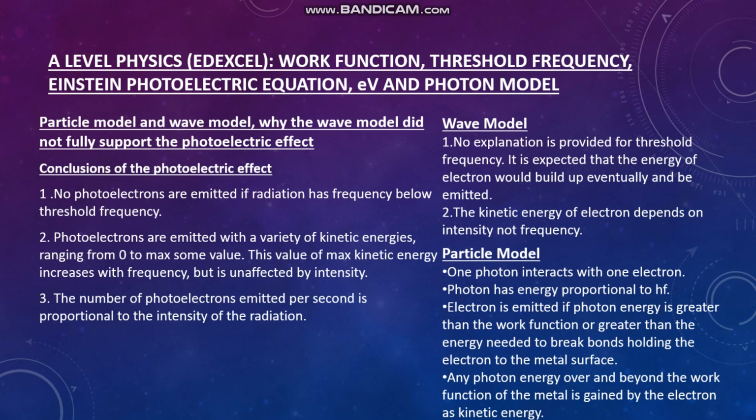The second point states that the photoelectrons are emitted with a variety of kinetic energies ranging from 0 to some max value. Now, this value of maximum kinetic energy increases with frequency but is unaffected by intensity. And the third point states that the number of photoelectrons emitted per second is proportional to the intensity of radiation.